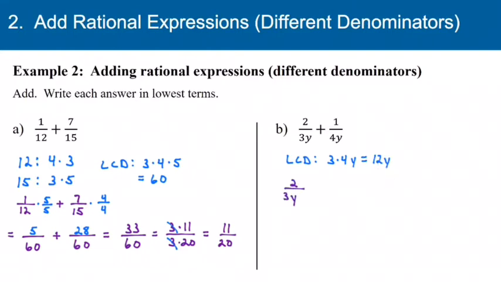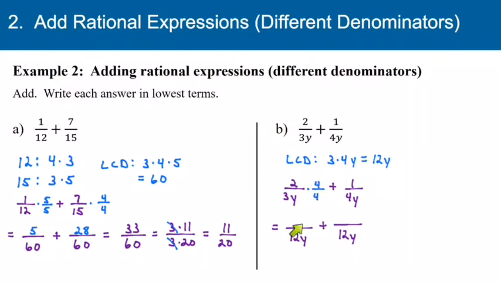Okay, now let's get our fractions and figure out what we need in order to reach this target denominator. If my first denominator is 3y, what do I need to multiply by in order to end up with a 12y? So I need to multiply by 4, yes. So if I multiply by 4 in the bottom, I need to also do that in the top.